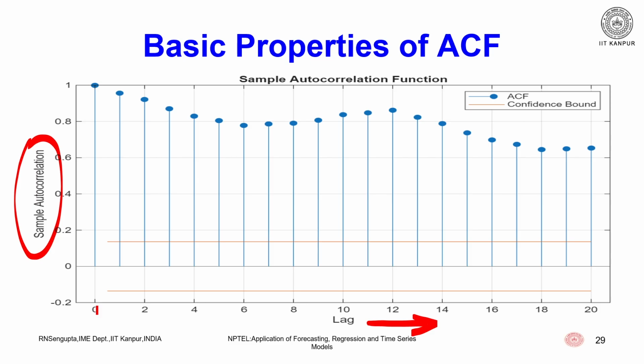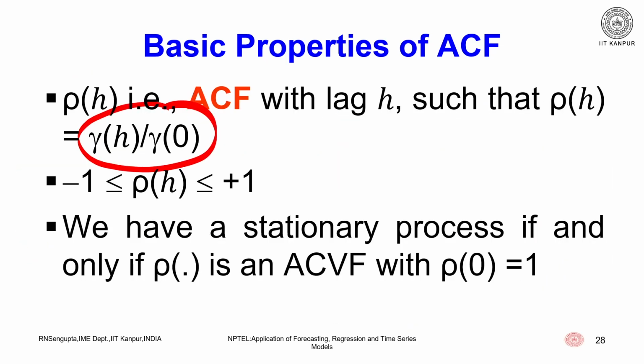For a lag of 0, as I mentioned in the last slide, it is 1 for h equal to 0. What would that mean? It would mean that we have a stationary process, in the sense that it can be made stationary, even if it is non-stationary, it can be converted into a stationary process.